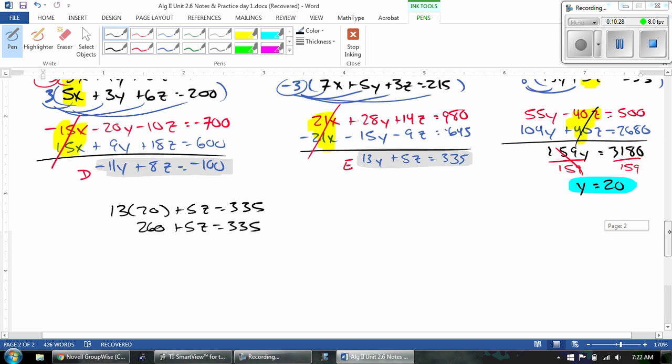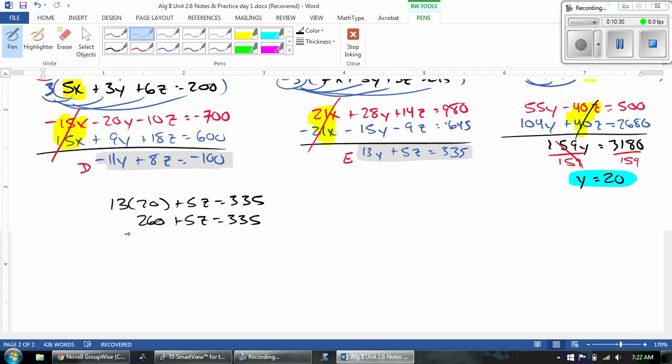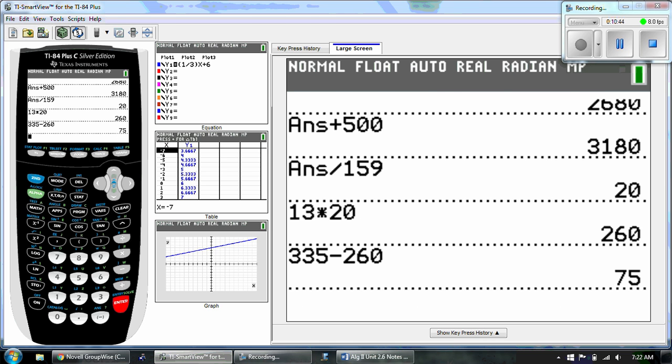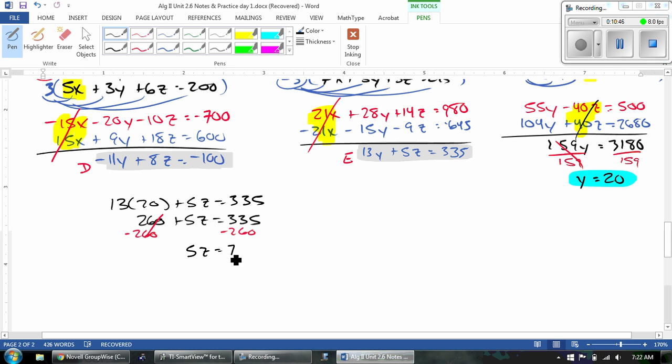And now all we have to do is solve. So we're going to subtract 260, subtract 260. We get 5z equals, don't know that off the top of my head, I'm sorry. Hey, give me a break, it's 7:20 in the morning. Okay, so it equals 75. And then when we divide both of those by 5, we get that z equals 15.